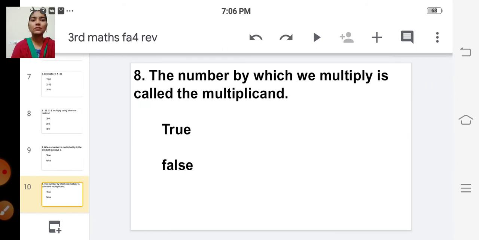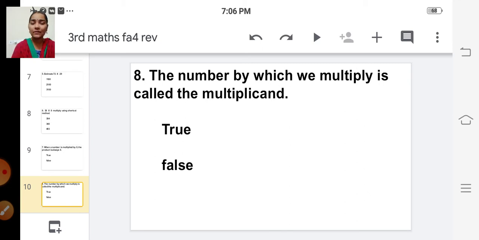The next one. The number by which we multiply is called the multiplicand. True or false? So just now we have seen, what do you mean by multiplicand? The number to be multiplied is called the multiplicand, isn't it?